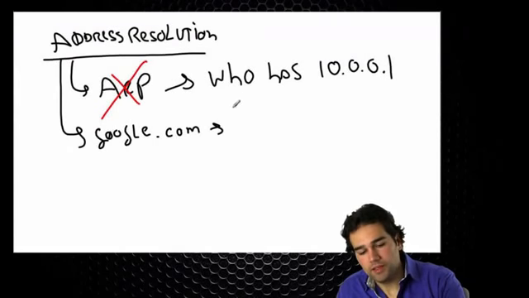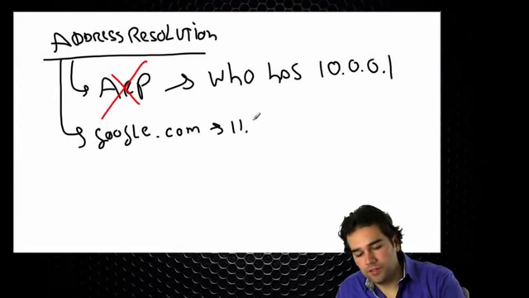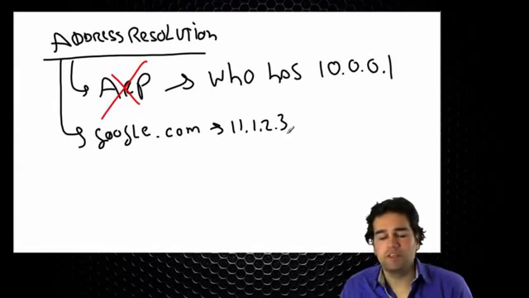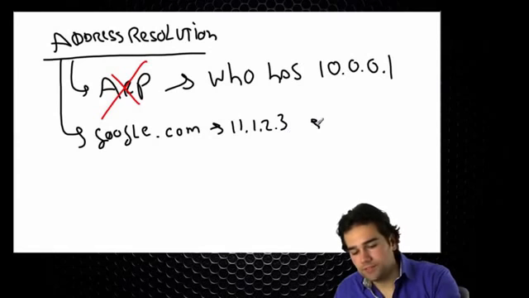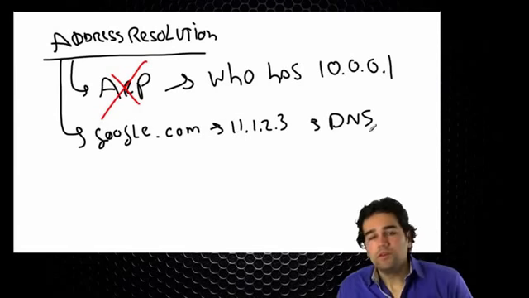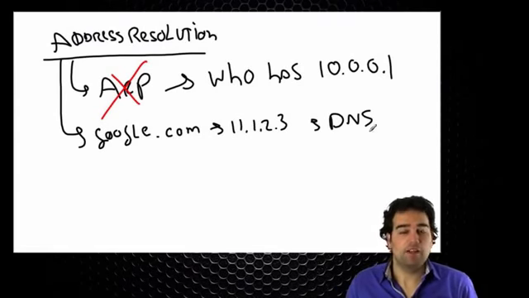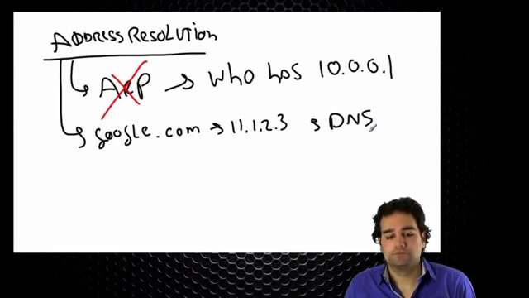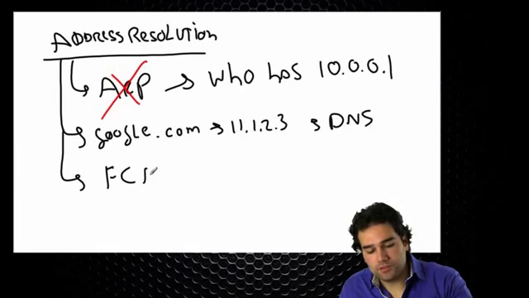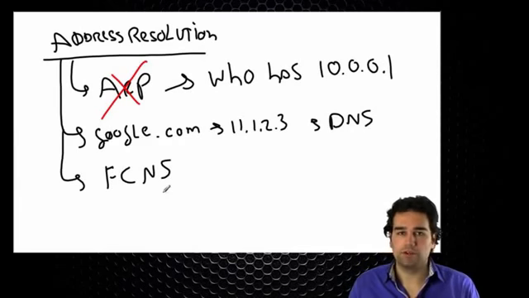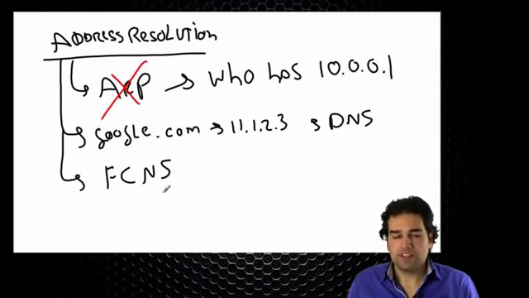I say google.com has 11.1.2.3 as an IP address. This is DNS. Fibre Channel has the same concept as DNS. So instead of a DNS server, I have a Fibre Channel name server in my network. That's how I do address resolution.